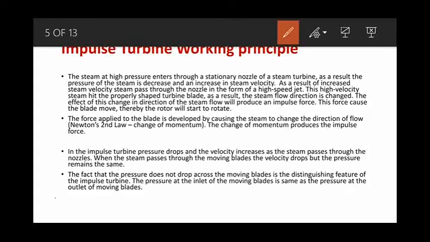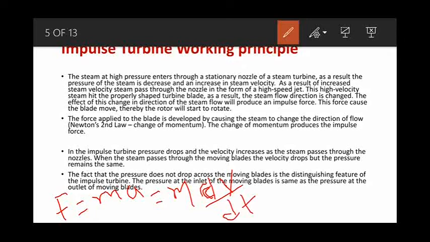Just like this, F = ma, where m is constant. a means dv by dt, so F = m dv/dt, and dv means v2 minus v1.